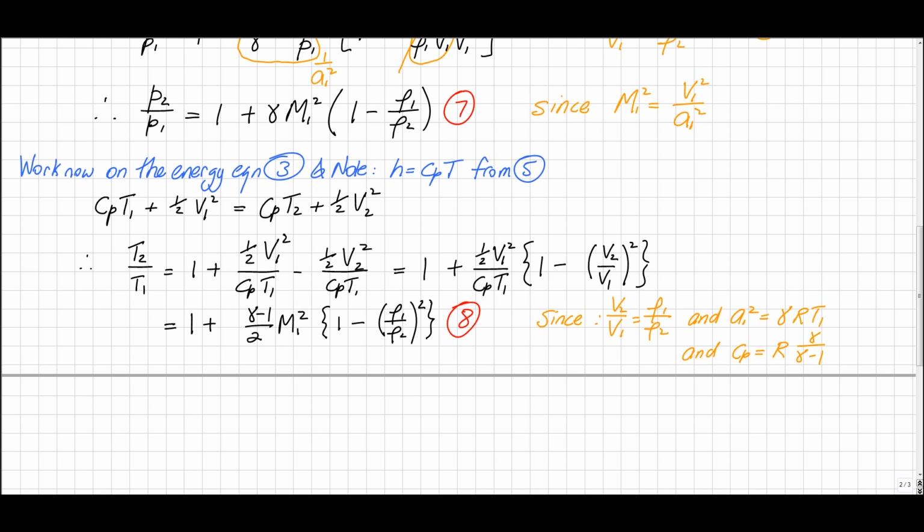Let's take it a little bit further. From our perfect gas relationship, P equals rho R T, we can also get an expression for T2 over T1.